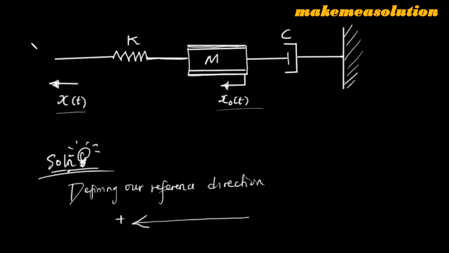We are not really given any input force, f of t, so perhaps I could just forge an input force by myself, or I could follow the direction of my displacement, and that will be my reference direction. So all motions in the reference direction are considered positive, while all opposing motions will be considered negative.